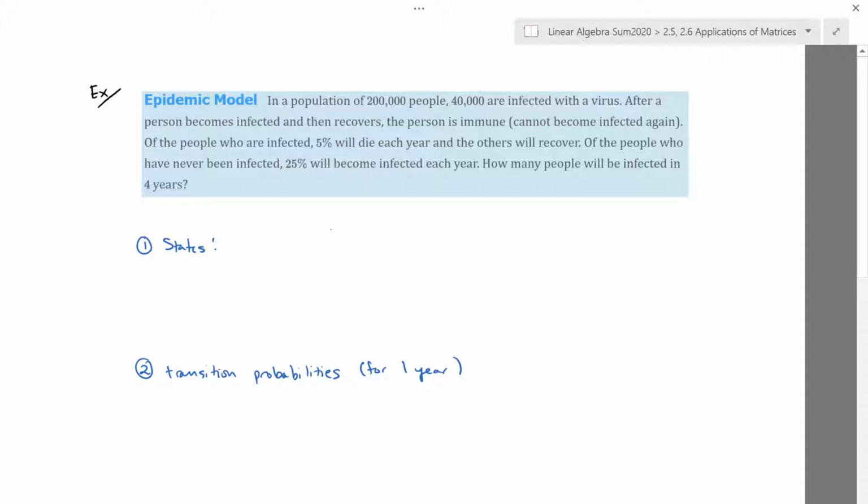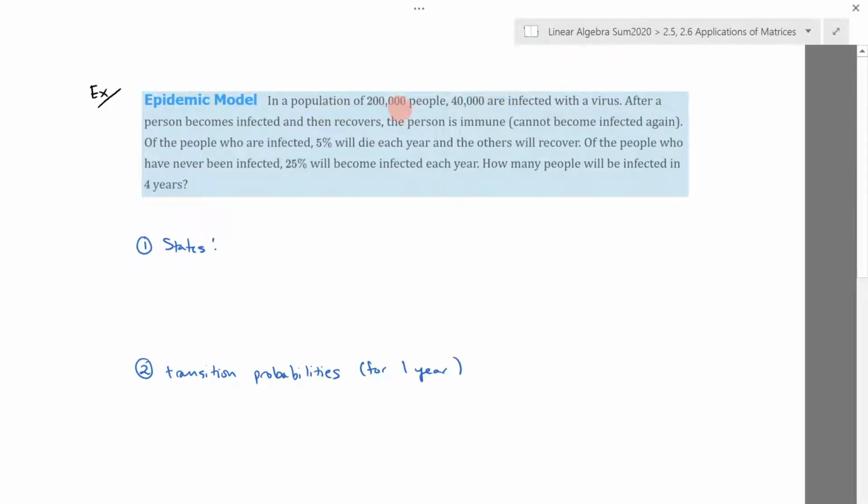Okay, so in a situation like this, what we want to do first is to identify how many different states there are for the population, and how to represent those states.